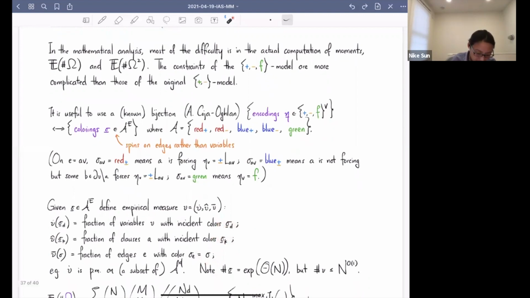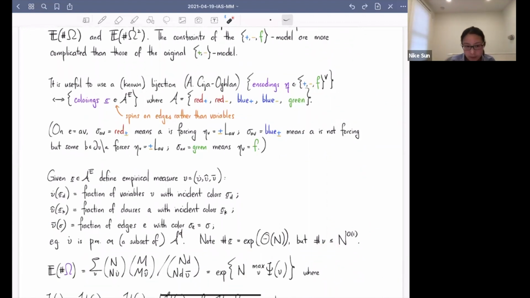For example, this mu-dot is a probability measure on these d-tuples. This is a collection of summary statistics about your configuration. Note that the number of configurations is exponentially large, but the number of summary statistics is polynomially large.